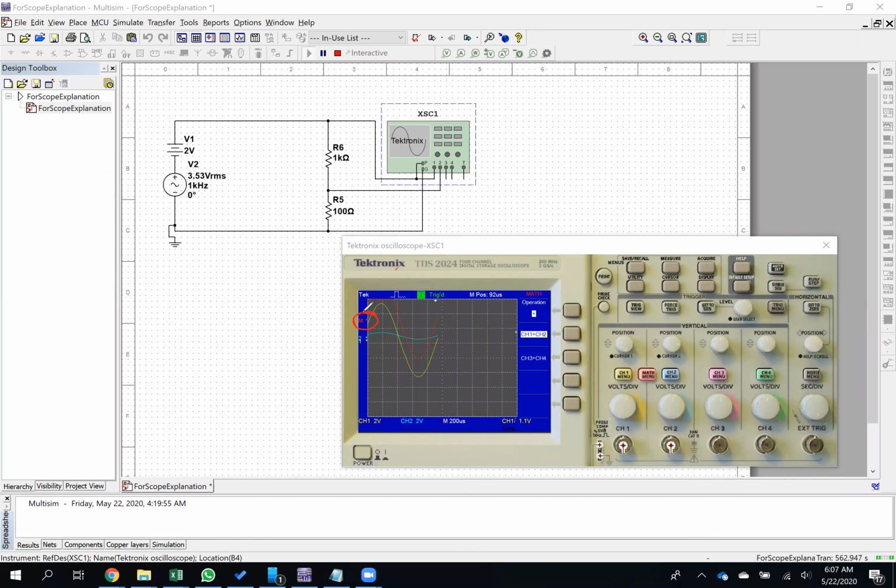And it is positioned too high at the moment, so I'm going to bring it down by bringing the channel 1 waveform down. Okay, so now I can see them all on the screen there.